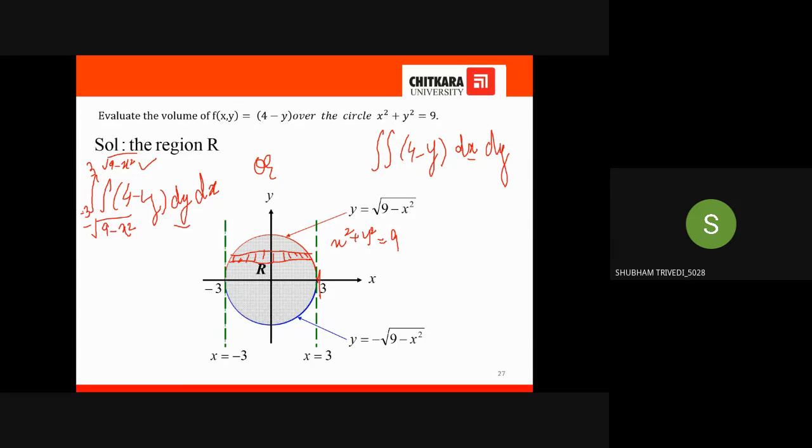Minus of under root 9 minus y square to under root 9 minus y square. Yes. Got it, Shubham? Ma'am, but it can be also y square minus 9. You are saying right, but not y square minus 9. It would be 9 minus y square.